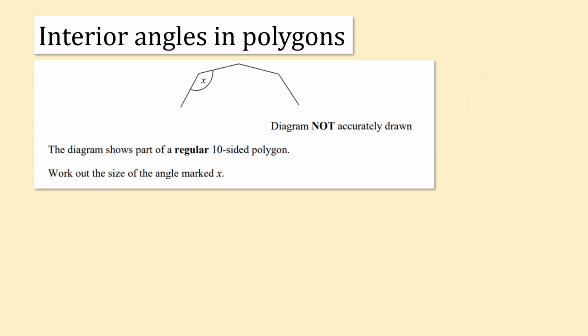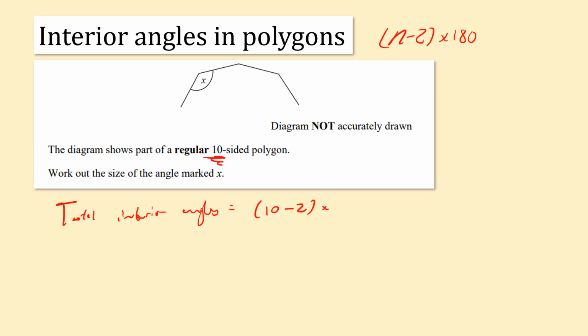Okay, and this is why it's worth knowing that formula. The formula for the total interior angles was n minus 2 times 180. We're told this is a 10-sided polygon, so the total of the interior angles is 10 take away 2, times 180.